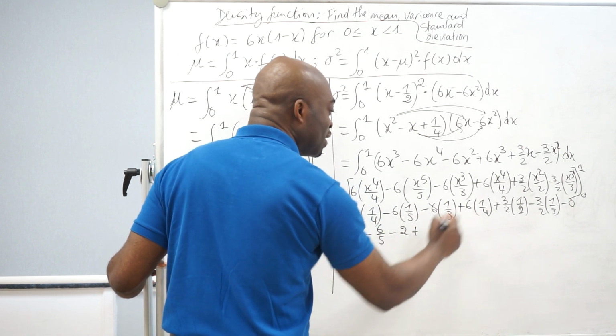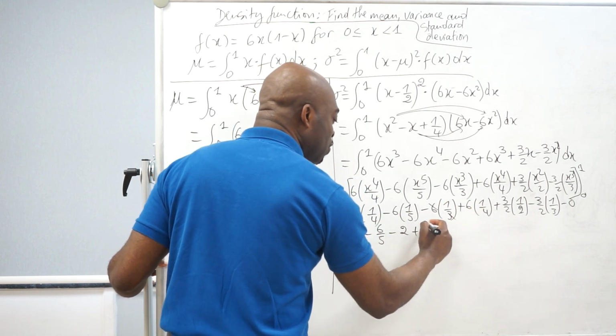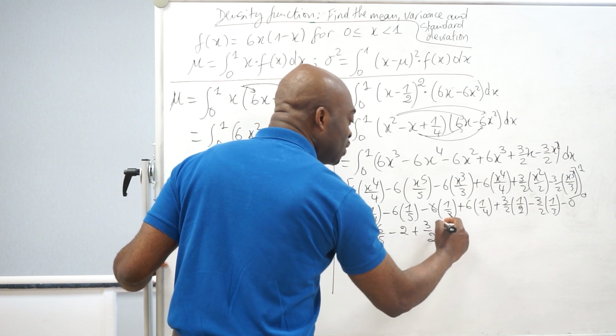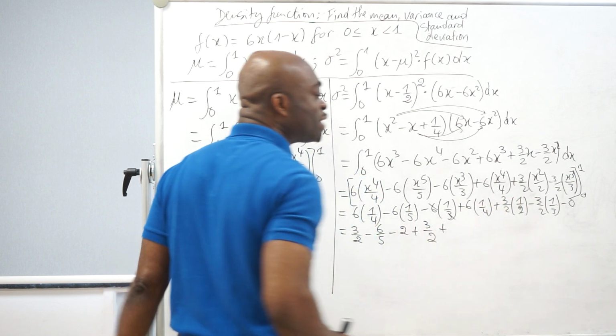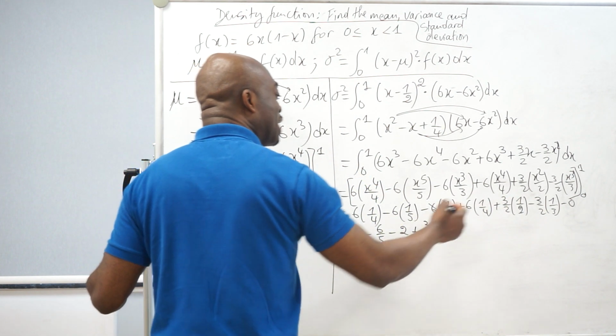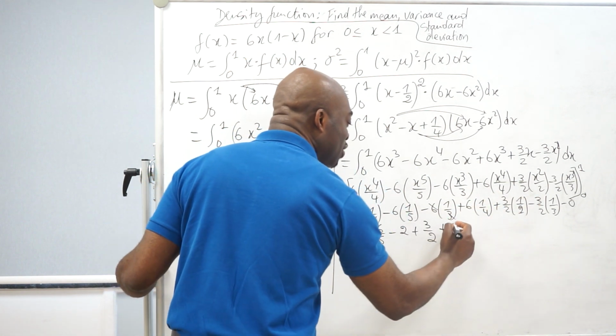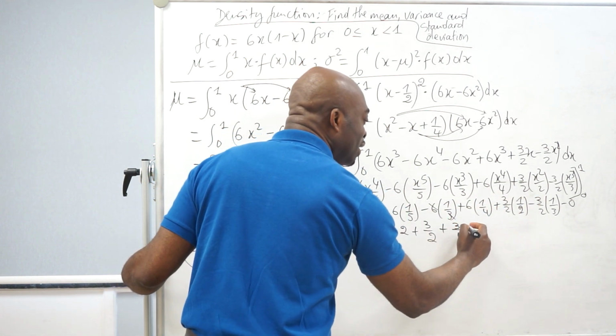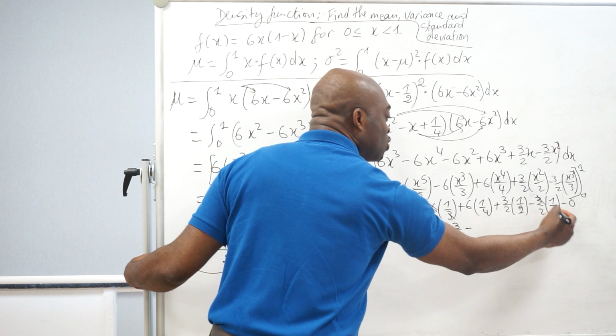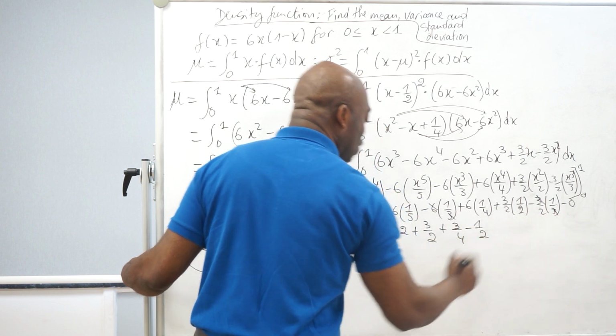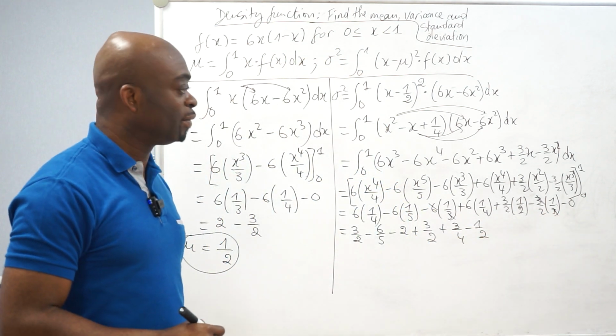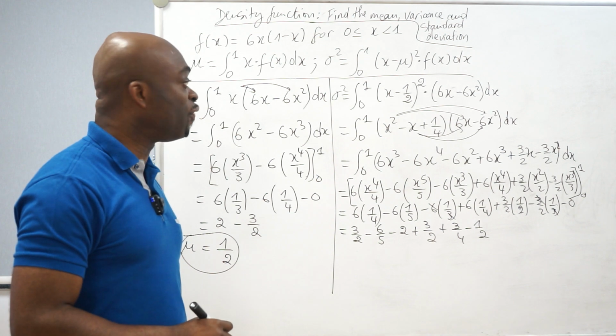And then plus 6 times a quarter, which is also 3 over 2, plus 3 over 2 times 1 over 2. So multiply straight across. 3 times 1 is 3, 2 times 2 is 4. And then minus this one, crossed out, so we have 1 over 2. Okay? So this is what we have so far.